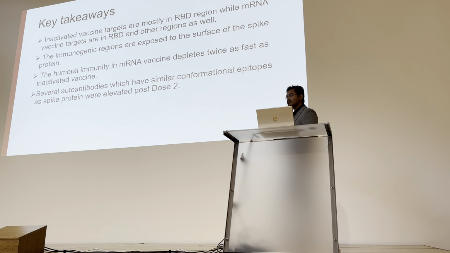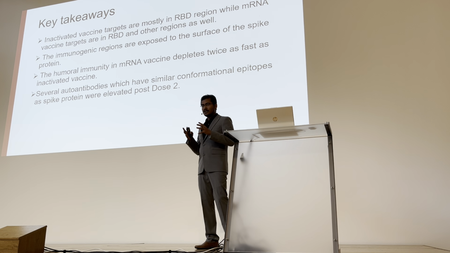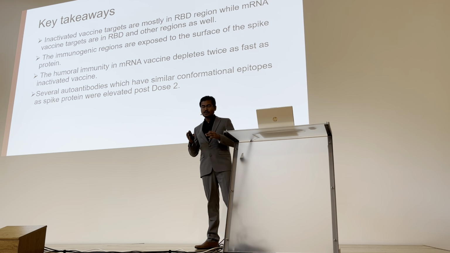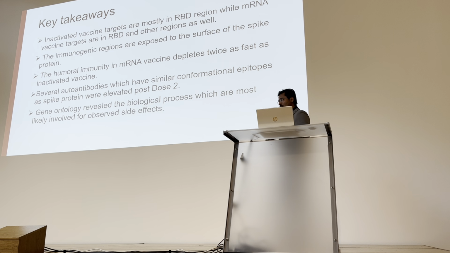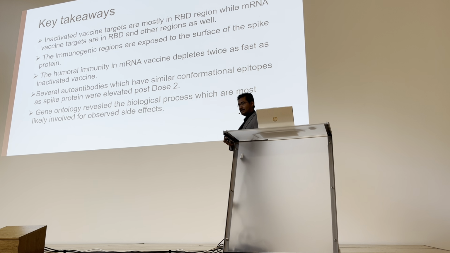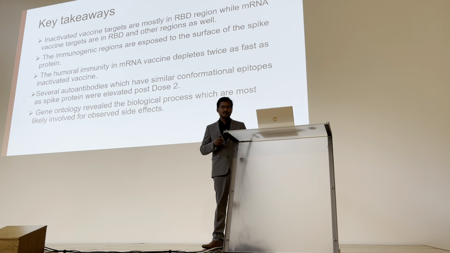Several autoantibodies were elevated after post-dose 2, which are most likely conformational epitopes similar to the SARS-CoV spike protein. Gene ontology revealed the pathways they most likely regulate, and that's why we see the side effects in those individuals.